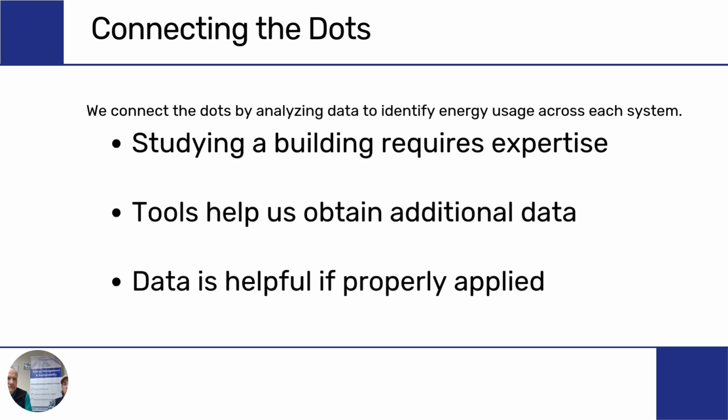When we connect the dots, part of what we're doing with an energy audit, and what should be done whether you hire us or somebody else, is studying the building with a level of expertise and building knowledge and intelligence, but then taking it a step farther than just saying, hey, these are good ideas or these are best practices.